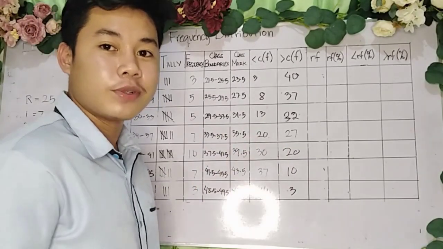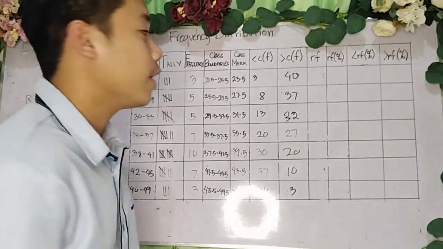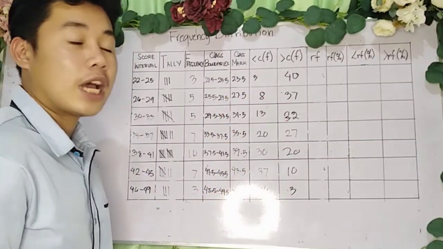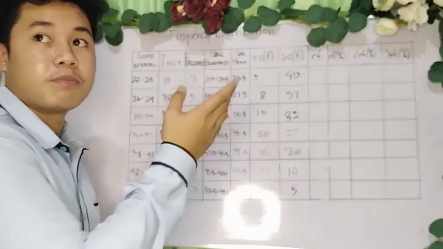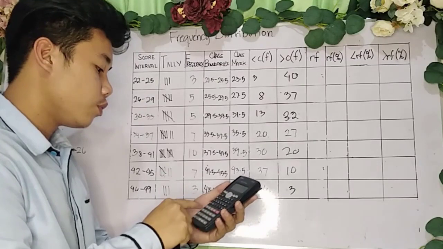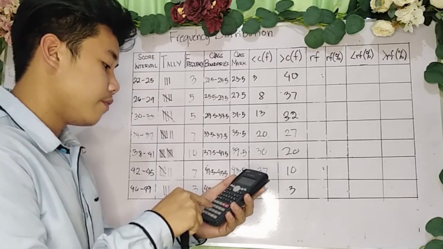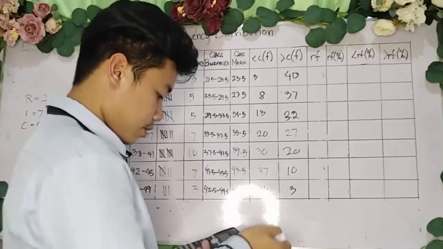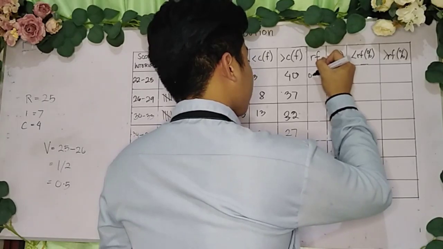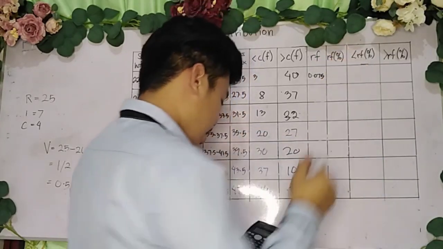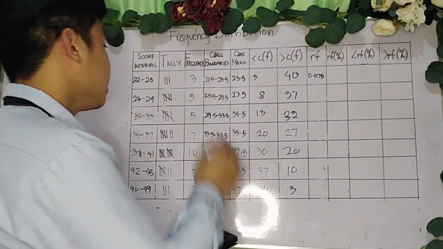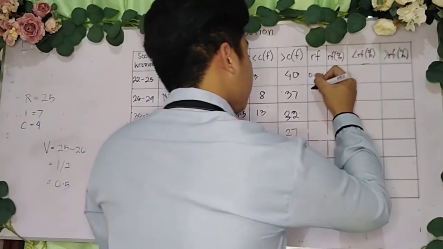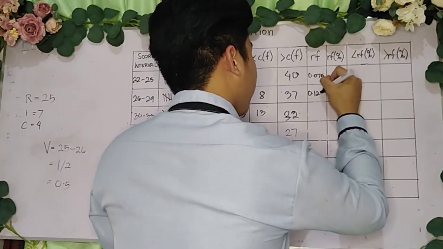By solving our relative frequency, we just simply need to follow this formula: frequency over population. Since our frequency is 3 and our population is 40, we just need to divide it. 3 divided by 40 is equal to 0.075. And then next, the same process, 5 divided by 40 is equal to 0.125.